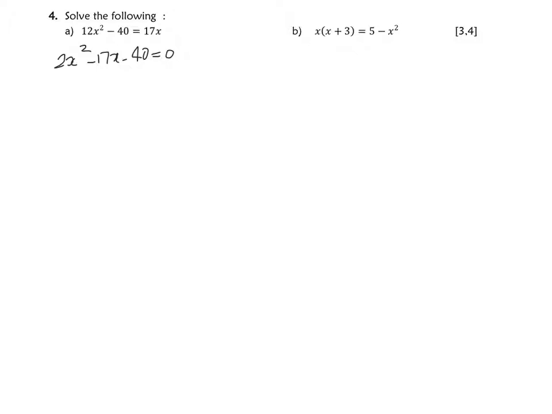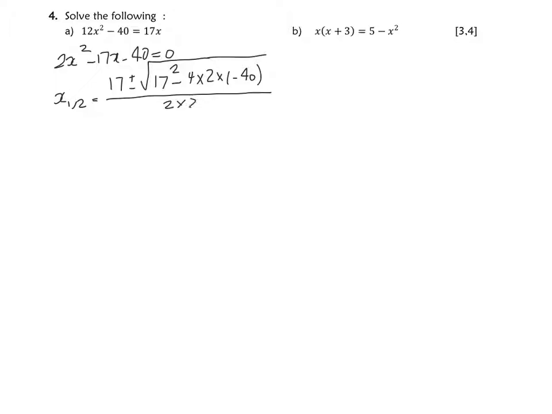Now I'm going to use the quadratic formula to solve this equation, so I'm going to say the two roots are negative b plus or minus the square root of b squared, which is 17 squared, minus 4ac. So it's going to be minus 4 times 2 times negative 40, divided by 2a, which is 2 times 2.